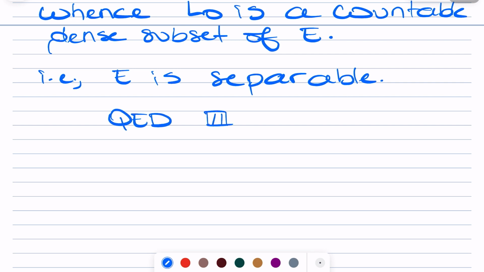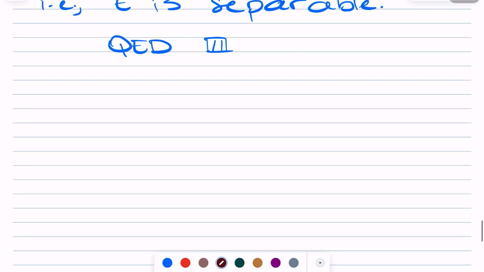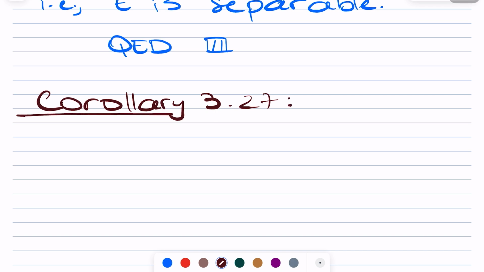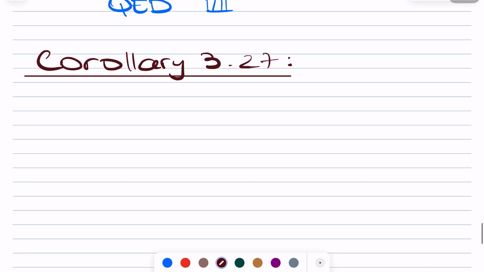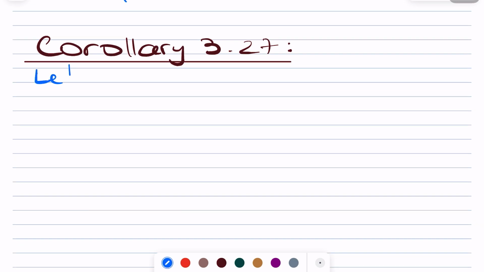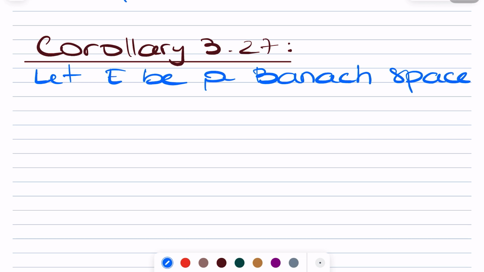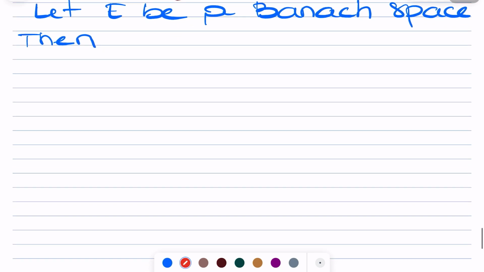Good. So now let's take some consequences of the above theorem. Corollary 3.27. Let E be a Banach space, then you have the following equivalence.